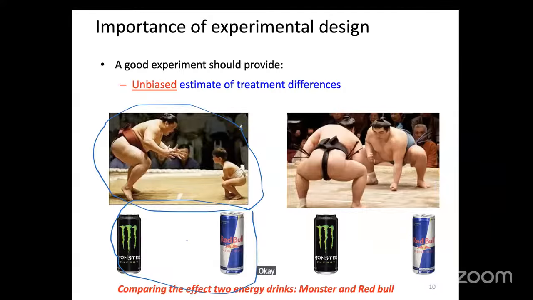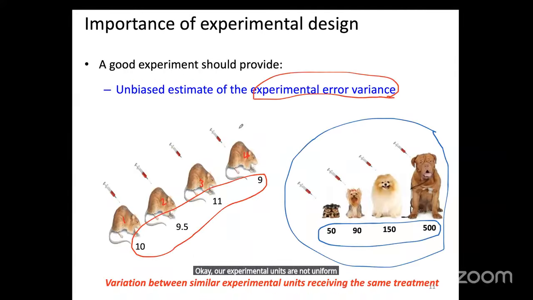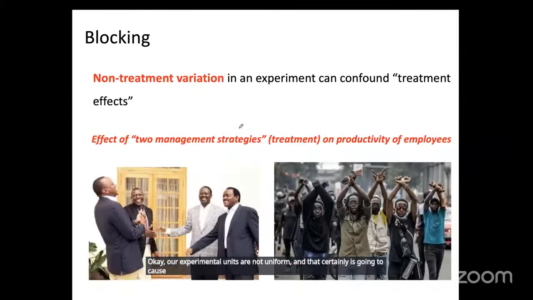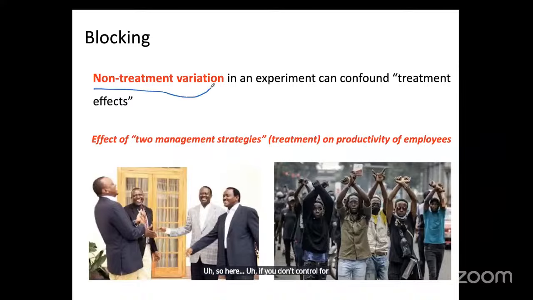Our experimental units are not uniform, and that certainly is going to cause us a bit of a problem. So here, if you don't control for this non-treatment variation, it's likely to do what is called confounding the effect of the treatment.